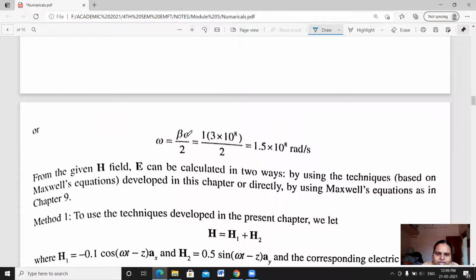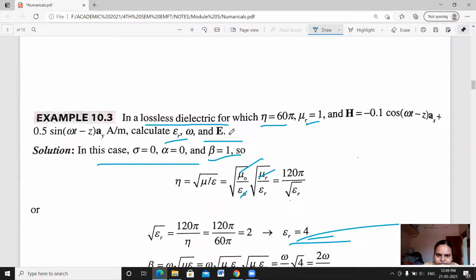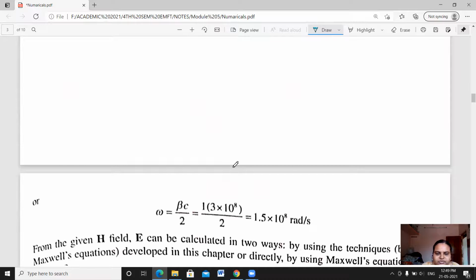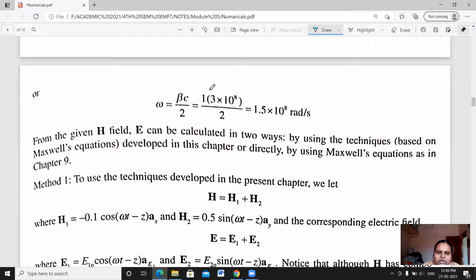Omega is nothing but beta c divided by 2. Therefore, beta is 1. Just substitute here 1 into the speed of light, 3 into 10 raised to 8, divided by 2. That is nothing but 1.5 into 10 raised to 8 radians per second.